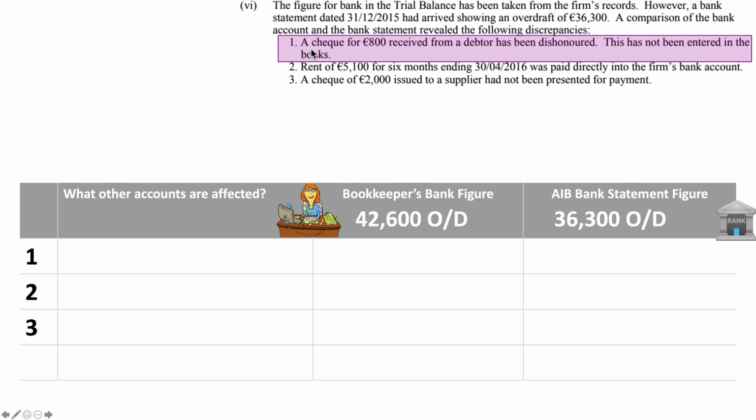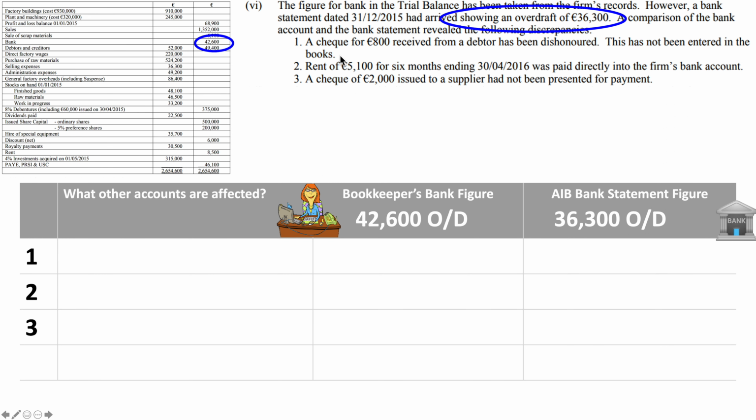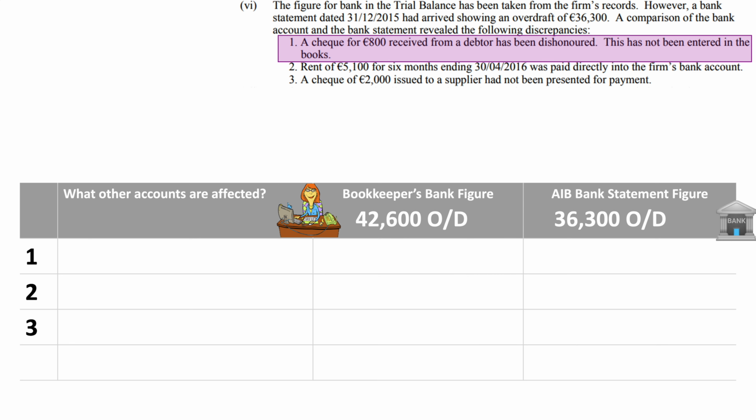So number 1, a cheque for €800 received from a debtor has been dishonoured. This has not been entered in the books. Okay, so a cheque for 800 received from a debtor was dishonoured. So the debtor sent them a cheque, and then the cheque from the debtor has been dishonoured. But what happened, the bookkeeper recorded that the cheque came into the bank account. We need to unwind it now. What does dishonoured mean?